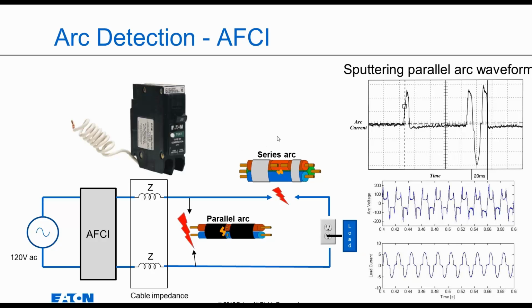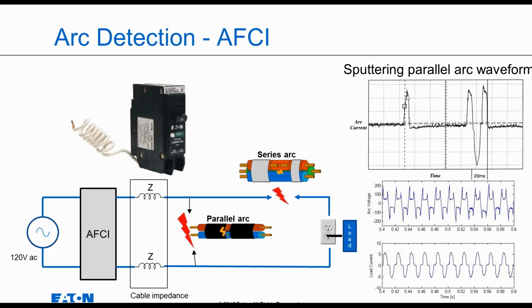So AFCI can be broken down into parallel and series arcing. Let's take parallel arcing, which is a fault between the line and neutral. So here's our AFCI breaker. There's our power source, and typically there's some cable impedance. And in many homes, that is a lot of impedance that has choked down the available fault current at this point.